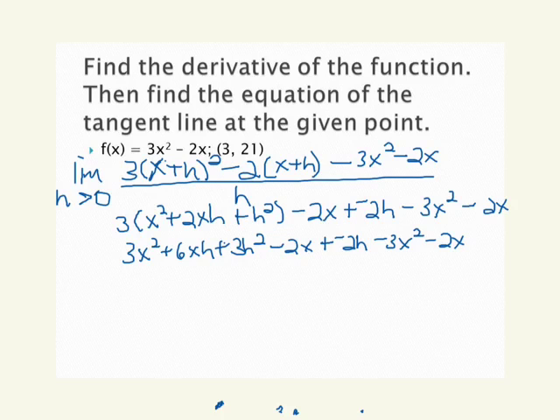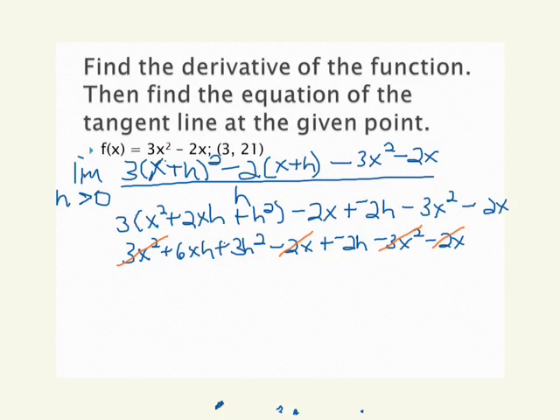Alright, so if we simplify things down here now, if we just cancel out like terms, we can see the 3x squareds, those would cancel out. I have some 2x's here, those are going to cancel out. And it looks like that is all that's going to cancel out.